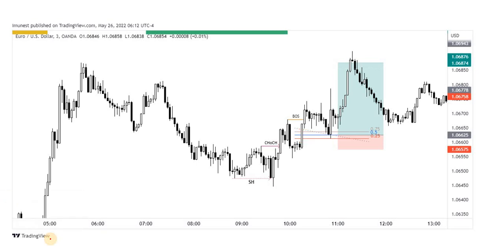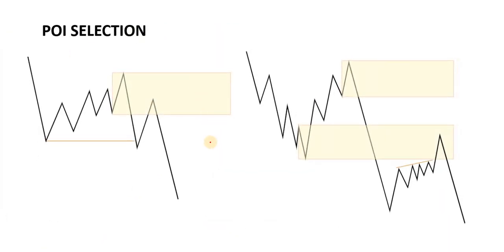All right, so we proceed. Talking about point of interest selection, POI selection. For me, I usually like to select the whole of the swing that cleared liquidity and broke structure to the downside. In this case, the whole of the swing.